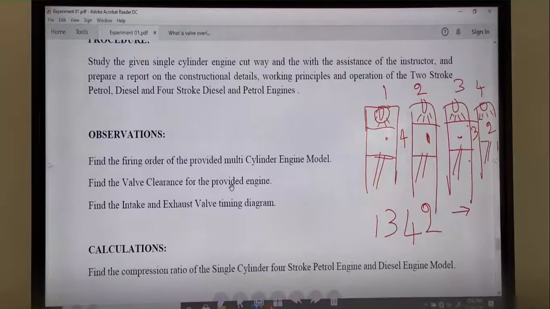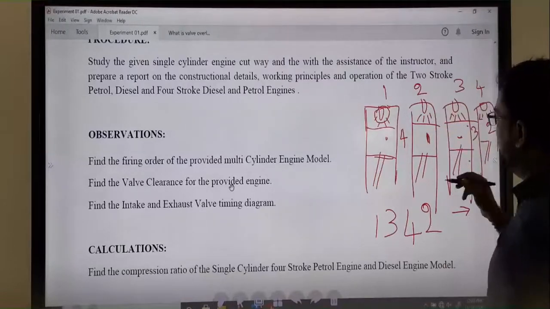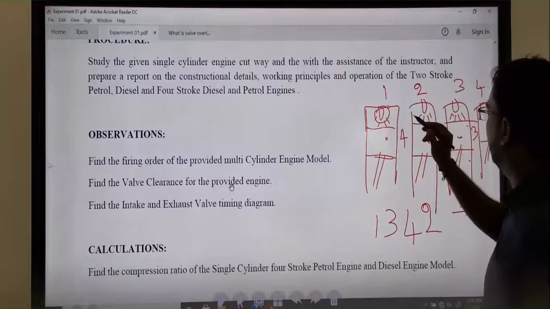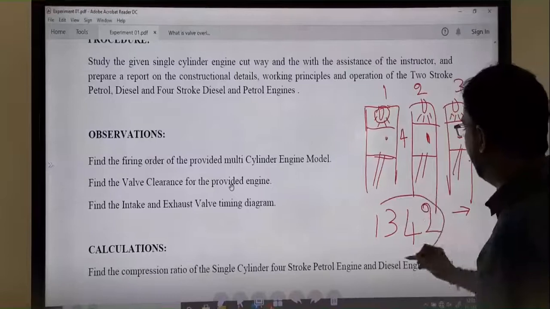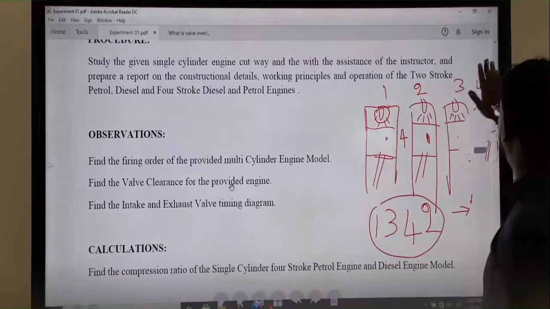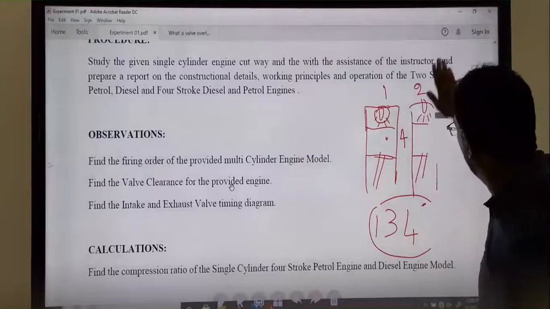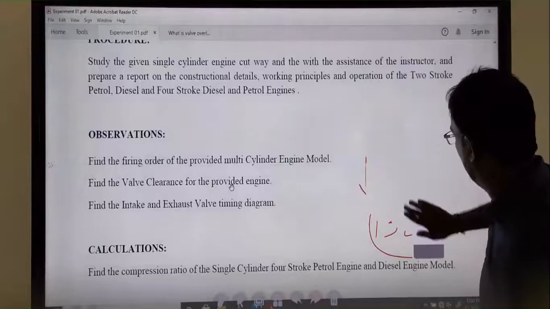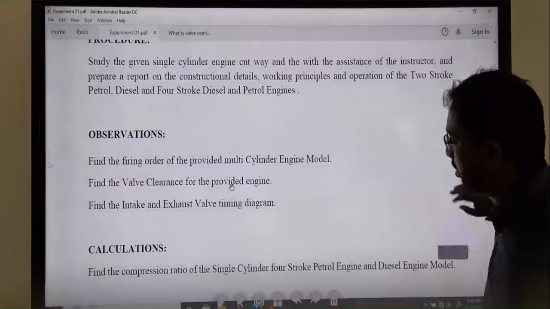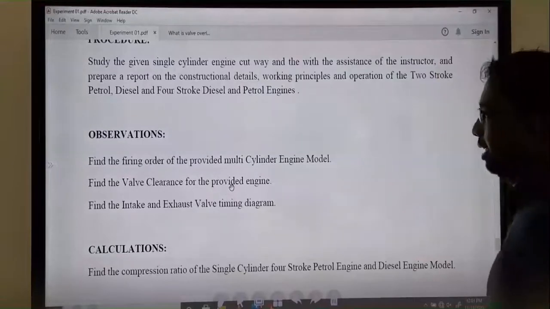So the firing order is the initial order, but we can determine the whole process, suction or power, all of that comes under this order. So that is the firing order provided on the cylinder engine.